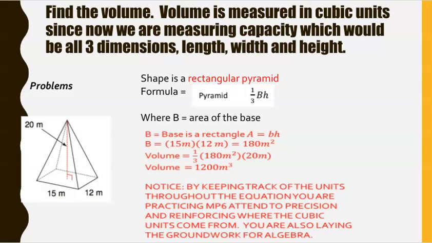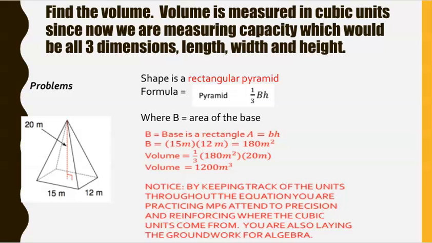So in this case, the base is a rectangle, so we can do base times height, which is 15 times 12, and we would get 180 square meters. Now we have to multiply that 180 square meters times 1/3 and times 20, and you should get 1200 cubic meters.